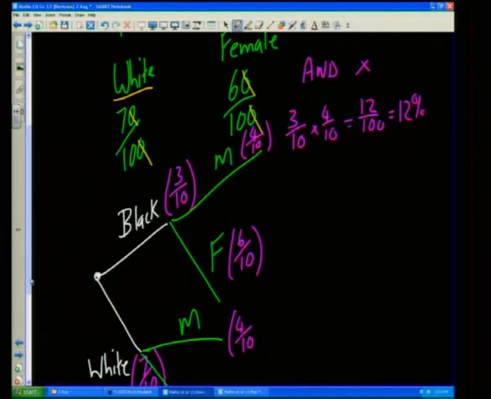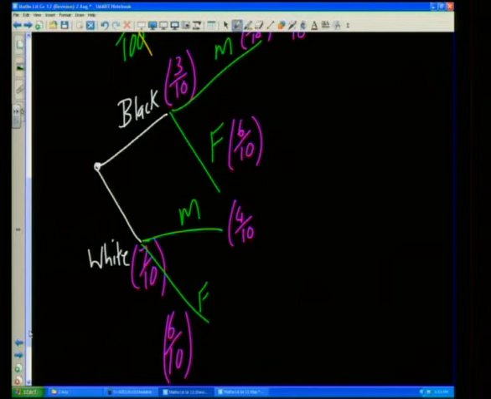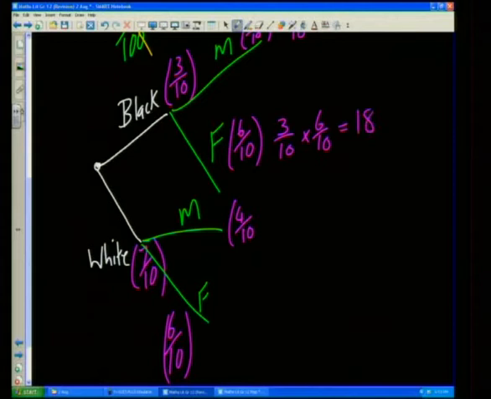Then the next one, look over here, it's the black female. So it's 3 out of 10 multiplied by 6 out of 10, which gives me 18 out of 100. Another way of writing that, 18%.